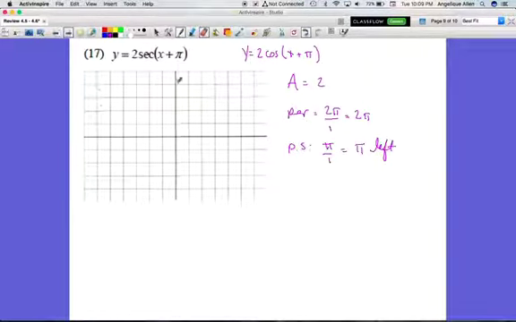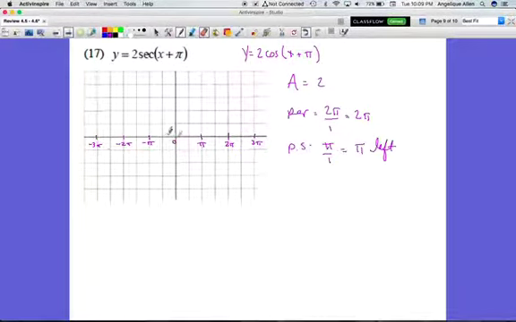Okay, so I'm going to draw my cosine curve with a shift pi units left and a period of 2 pi. So if I make my period 4 boxes, 2 pi, then pi is 2 boxes. All right, I might want to go ahead and label negative pi, negative 2 pi, negative 3 pi. Okay, just labeling every other box, that's helpful.